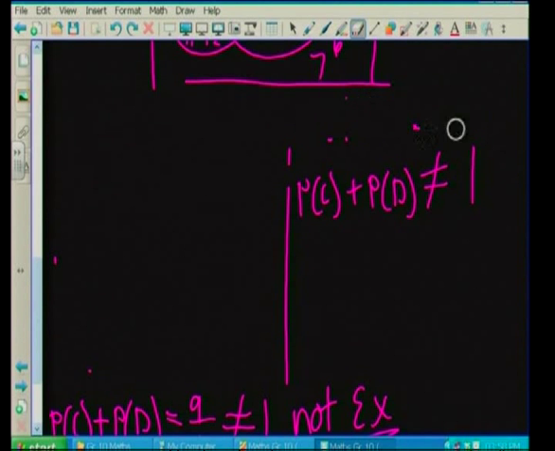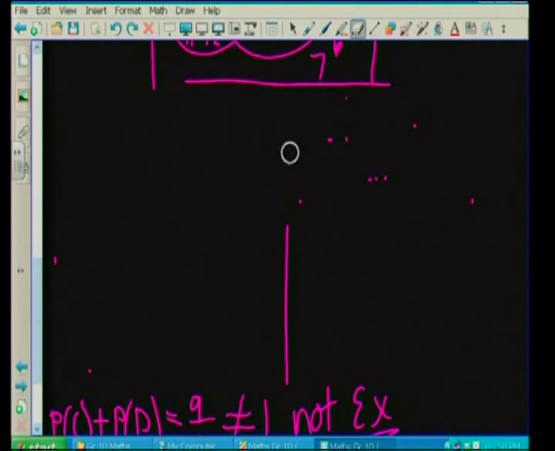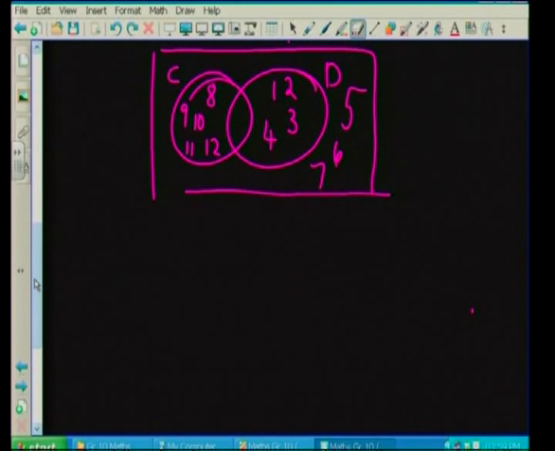Right, now let's deal with mutually exclusive and inclusive events. Now, I can actually already see that these two are mutually exclusive because there's no intersection, but let's have a look quickly.